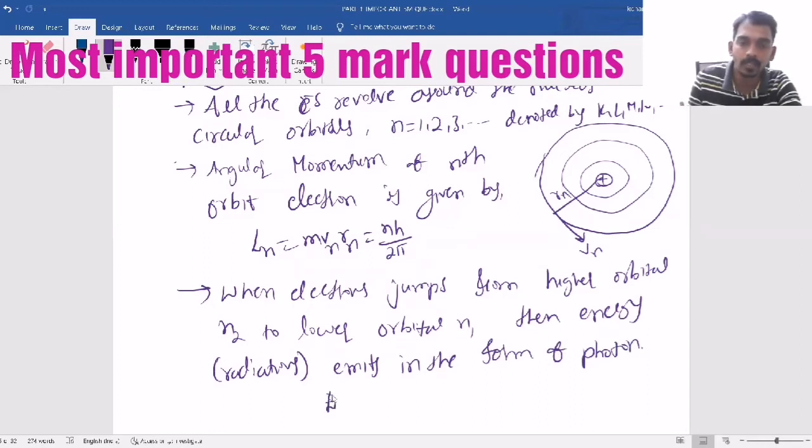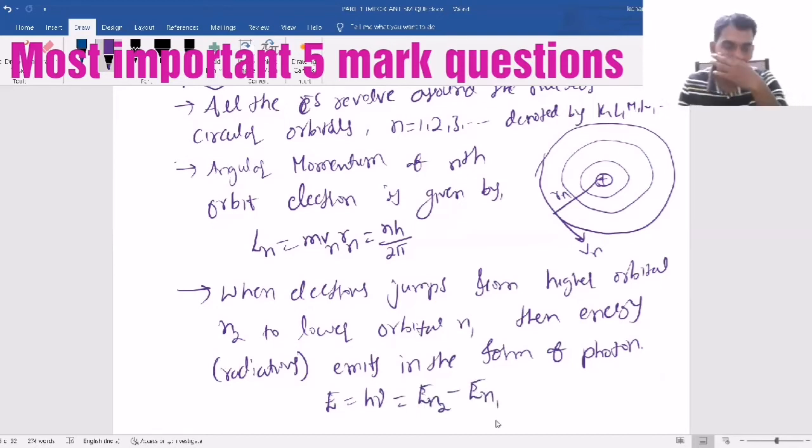So the emitted photon energy E equals h nu equals energy of the higher energy level minus energy of the lower energy level.